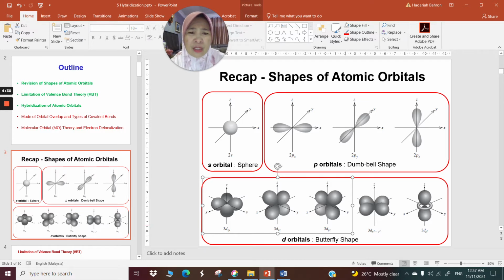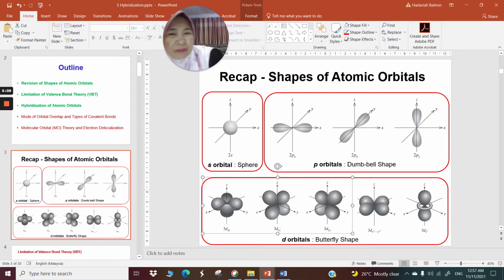They have four lobes, but the lobes are situated in between the axes. So the dxy has the lobes located between the x-axis and the y-axis, whereas the dxz is between the x and z axes, and the dyz is between the y and z axes.